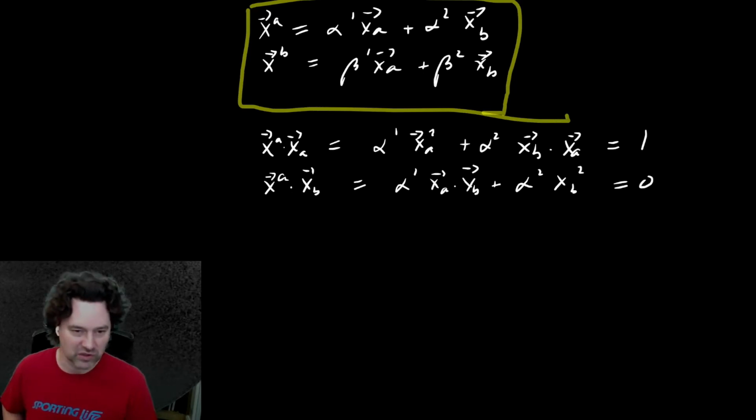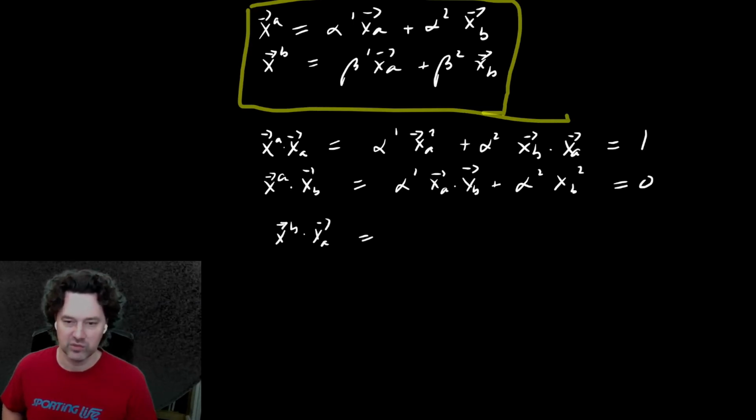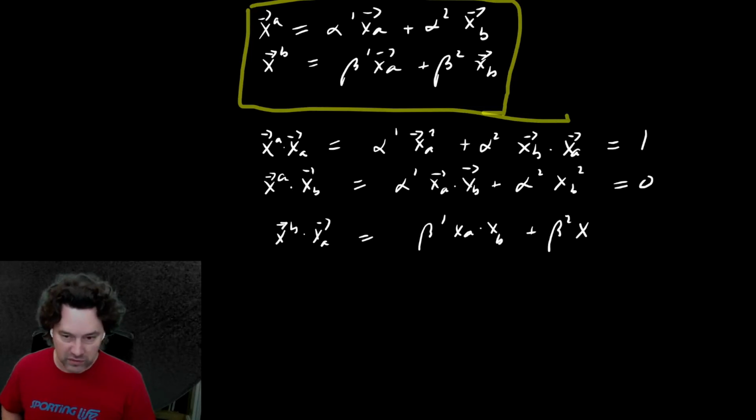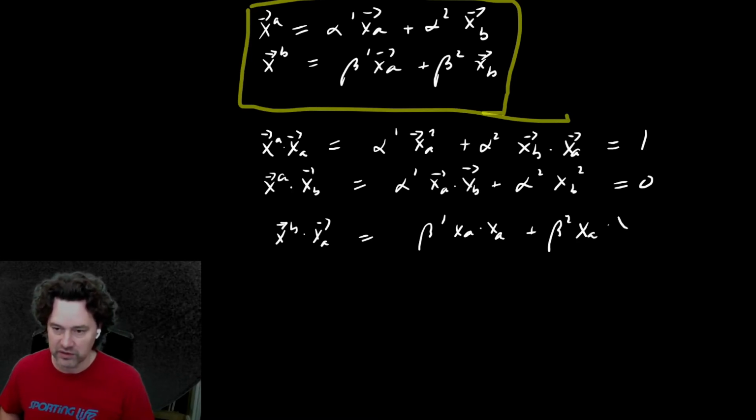And we're going to do the same thing for x^b. x^b dotted with x_a is going to be beta_1 x_a squared plus beta_2 x_a dotted with x_b, and that's 0.